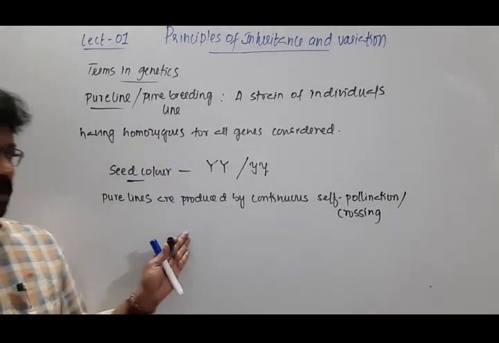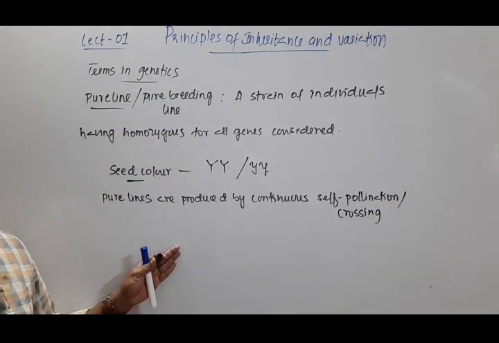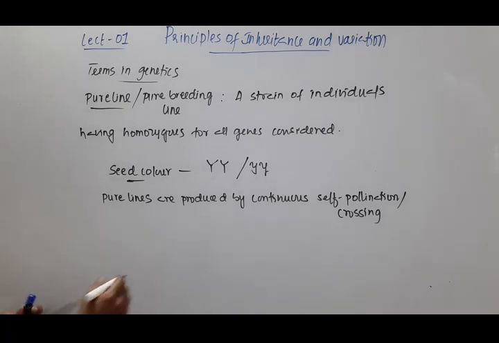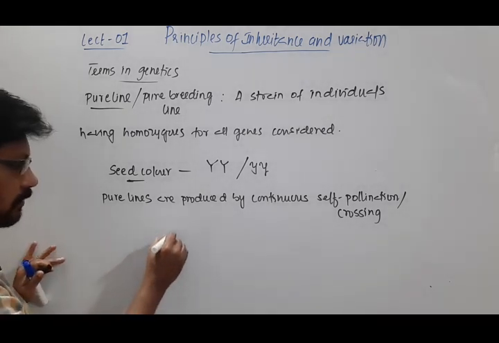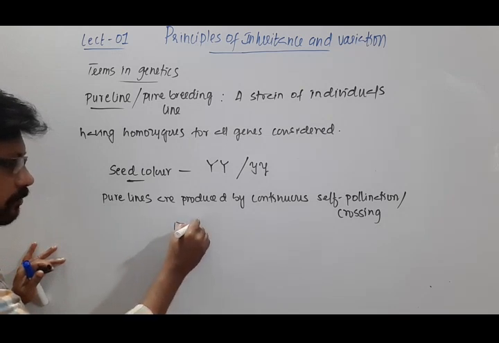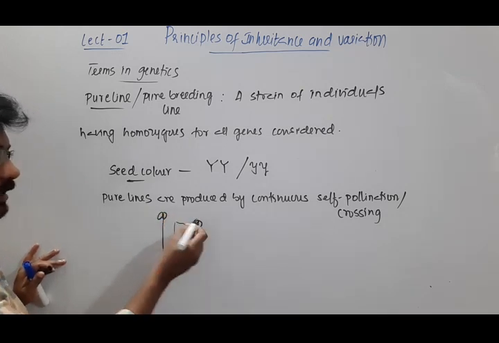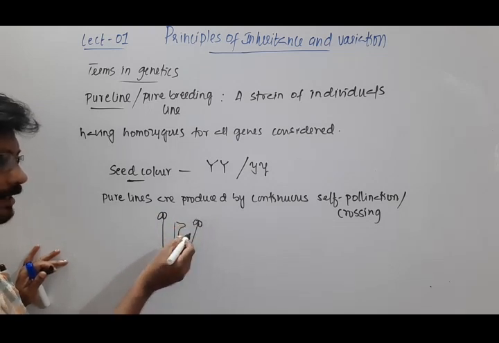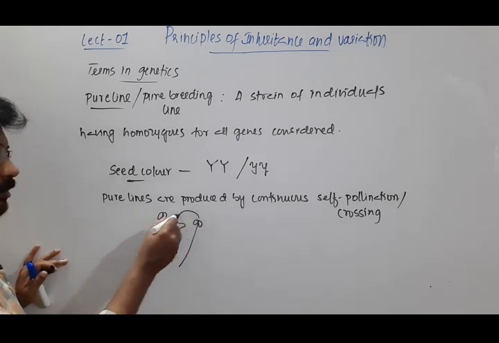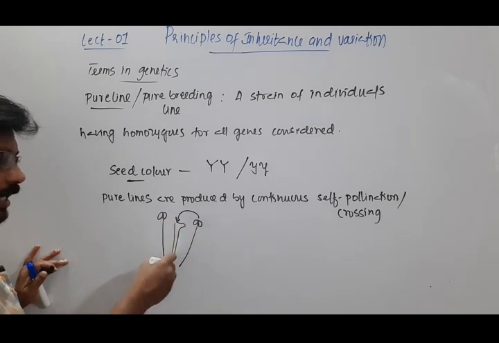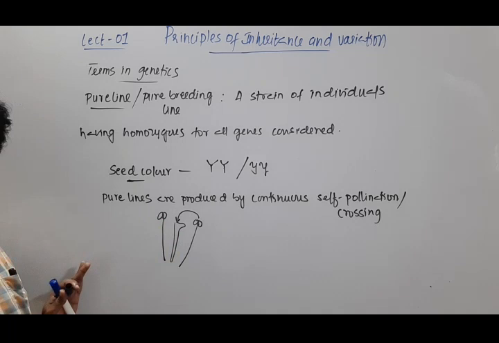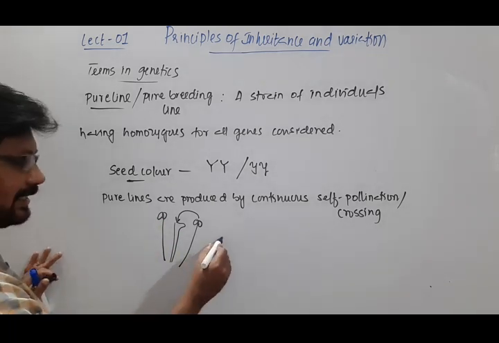Say, suppose a flower that is bisexual, I'm going to take the pollen grains from the anther of the same flower, put them on the stigma and allow it to undergo fertilization and everything, and then I get seeds.